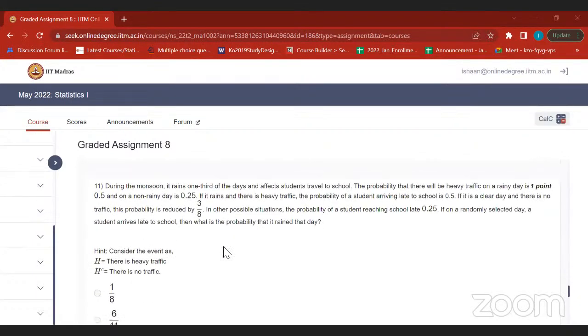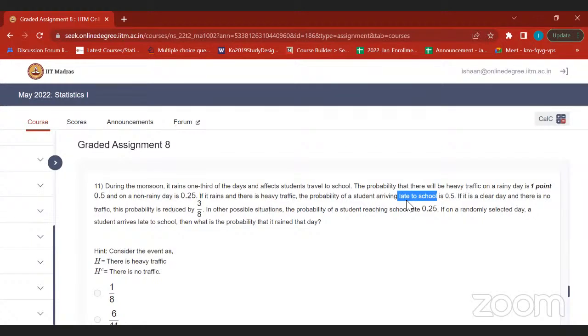Okay. So, did you get the 3 events? One is linked to the rain, right? Yes, sir. Other one is heavy traffic. Yes, sir. And third one would be arriving late to school, right? So these are the 3 things we are focusing on in this problem.